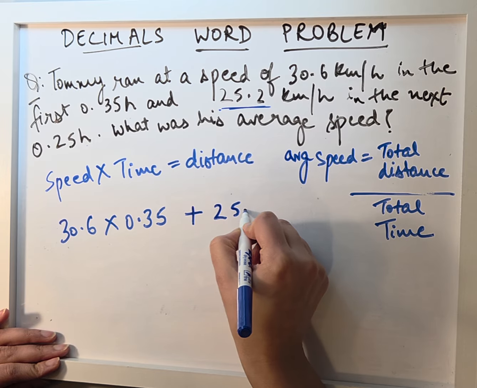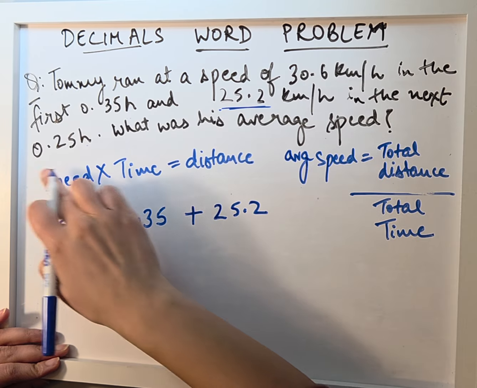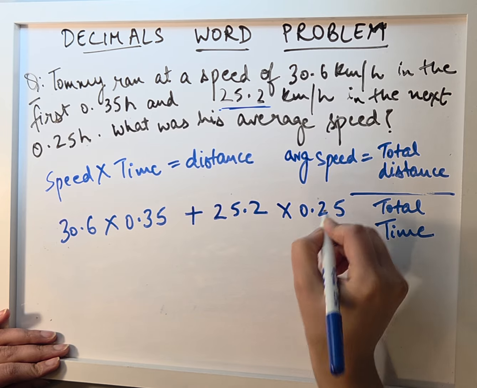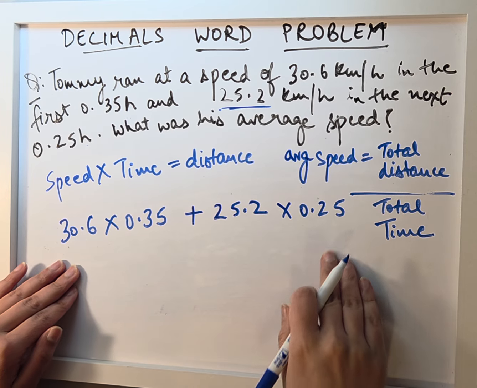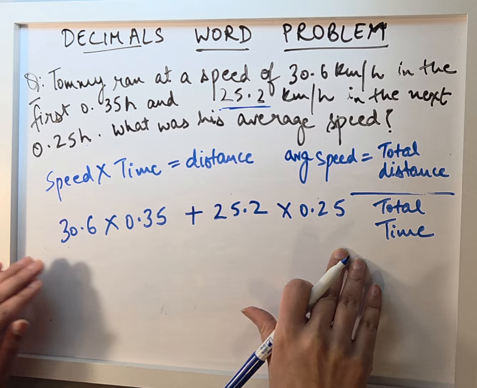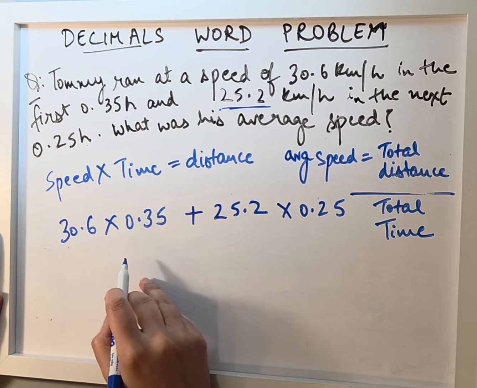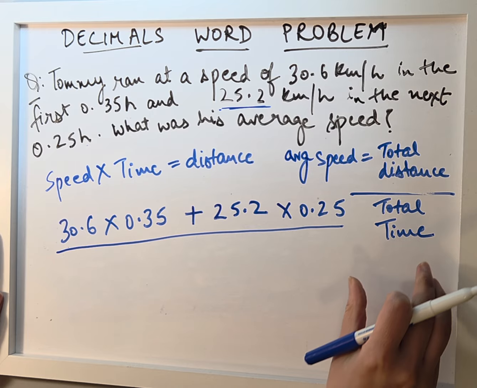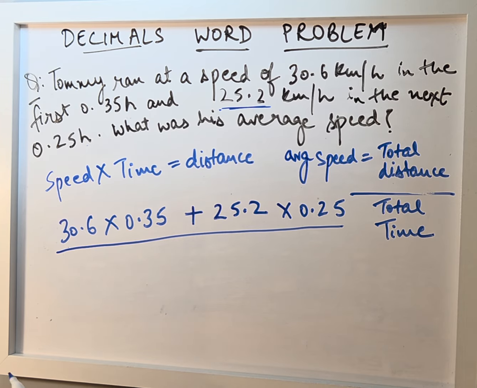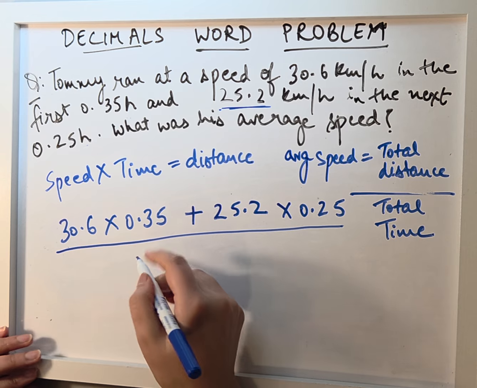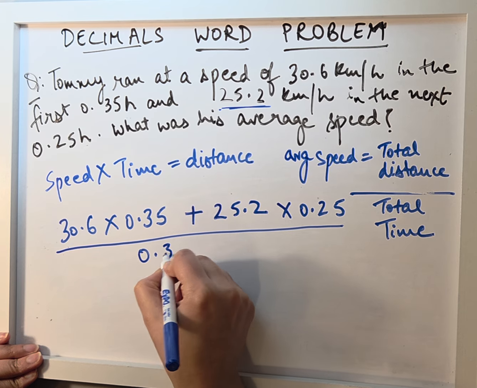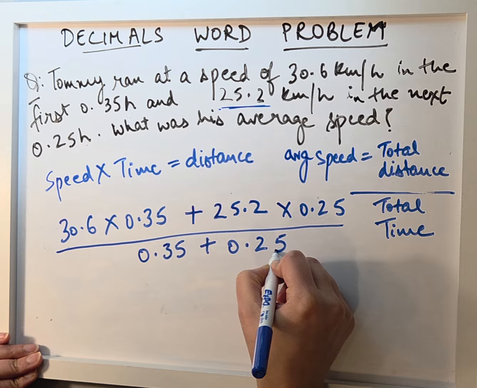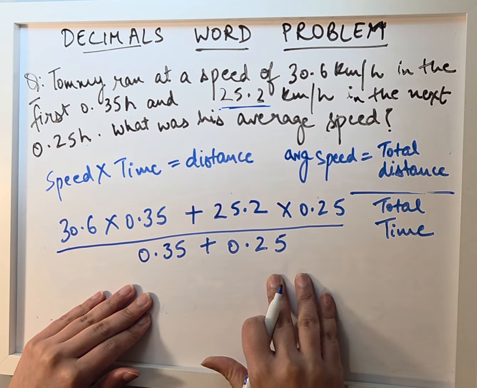Speed 25.2 and how much was the time? Into 0.25. So this is the total distance we get, divided by total time. What is the total time? We have 0.35 plus 0.25, that is the total time.